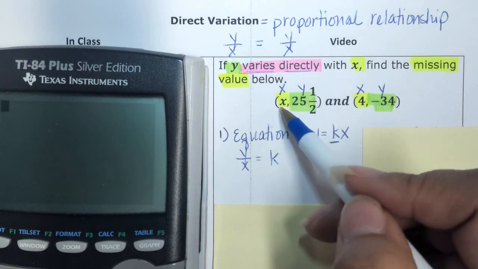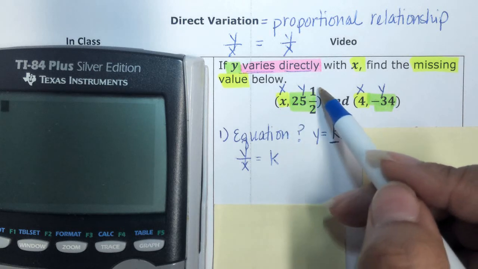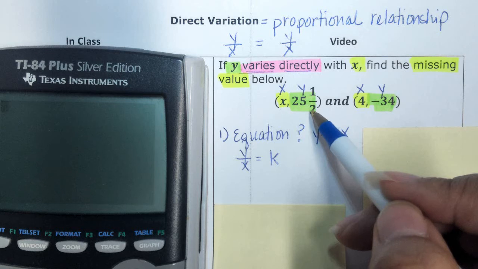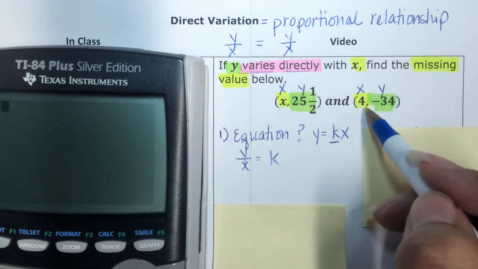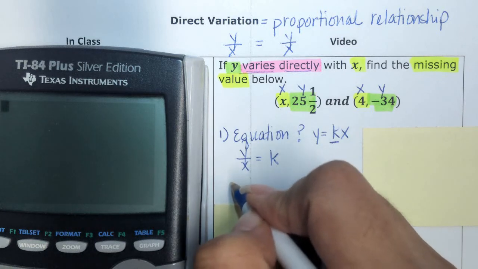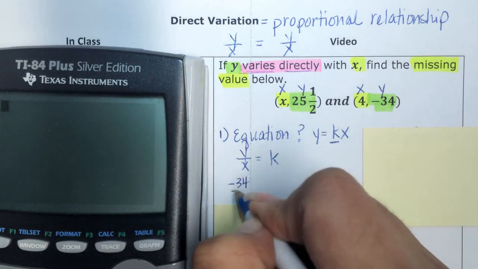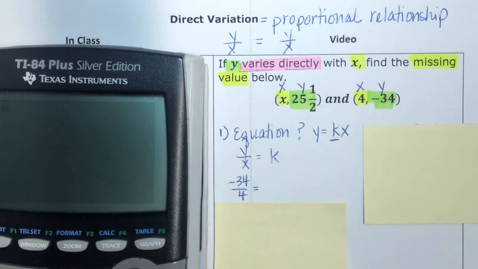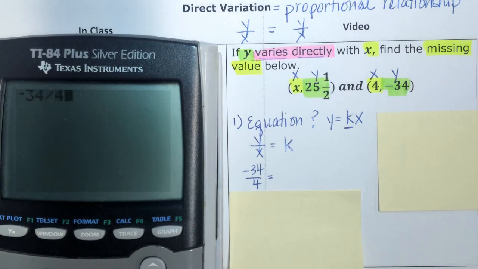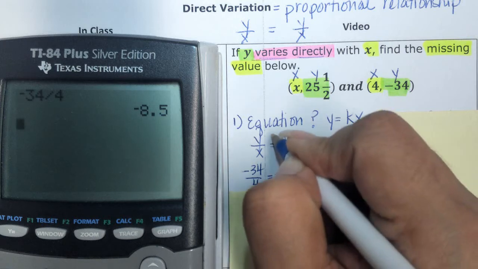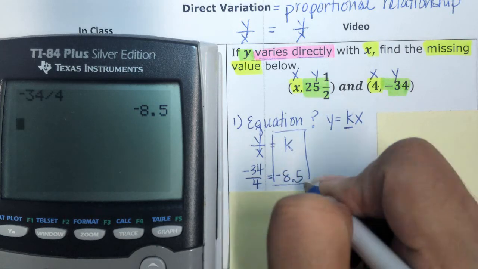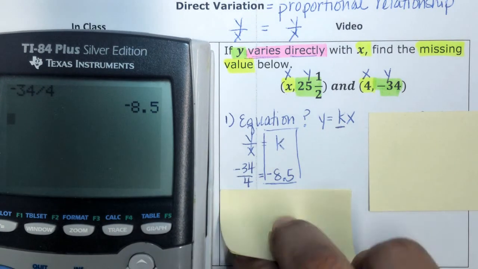I don't know what x is here, I don't know what this missing value is, so I can't use these two numbers. So I would use these two numbers. If I divide y divided by x, negative 34 divided by 4, I would get negative 8 5/10, and that's my k value. So I'm going to use this for my equation.